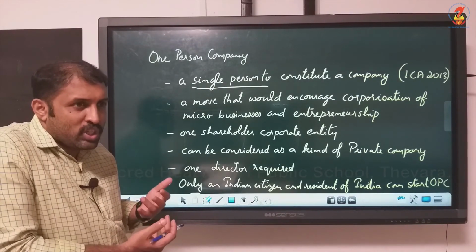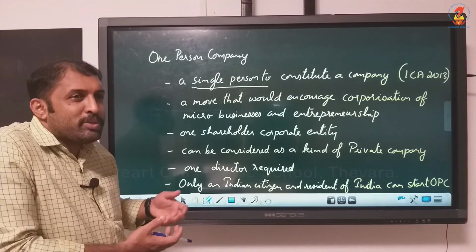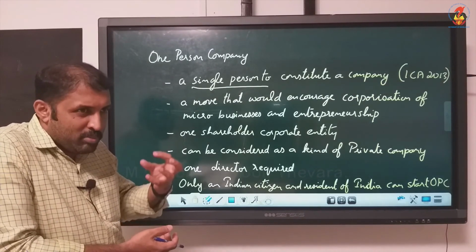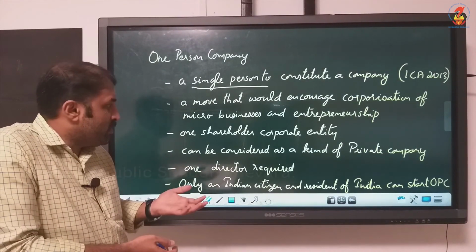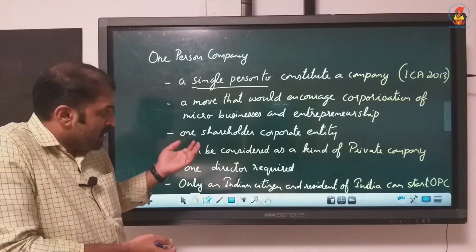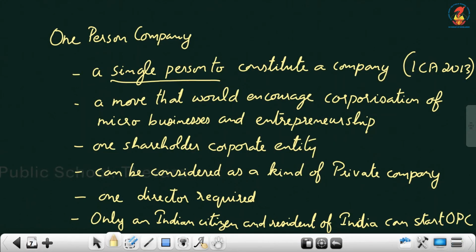So this was a measure to encourage people with limited capacities. And again, only one director is required. That's another benefit. So only one member and one director is required for registration.